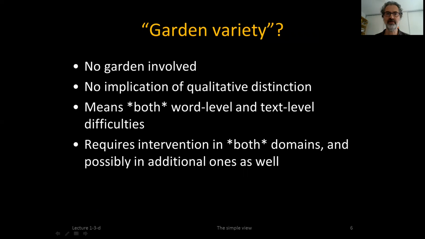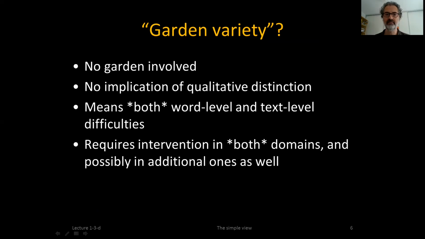So what does garden variety mean? Well, it doesn't have anything to do with gardens. It means not specific, but there is no implication that they're qualitatively different from poor readers that have other specific problems. It means that they have both kinds of problems.